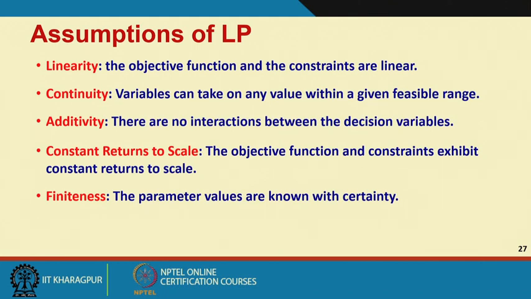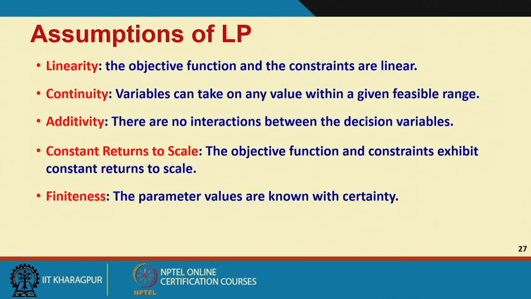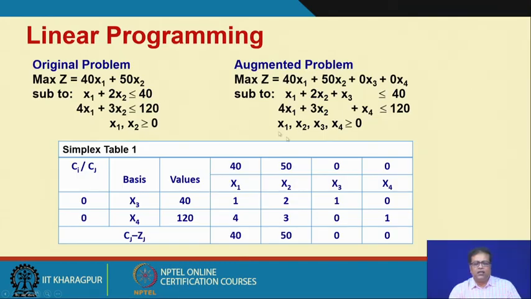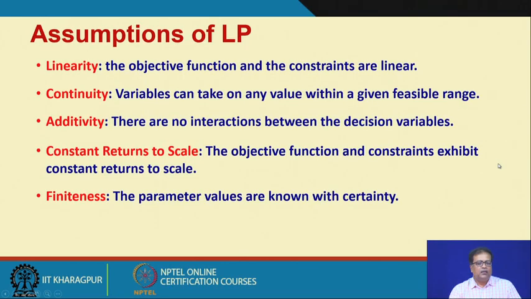This is not going to hold, right. The continuity assumption will not hold, because the variable will not be able to take any value within the given feasible range. It will take only integer values. So, that is the essential idea of the integer linear programming problem. The continuity assumption will not hold.